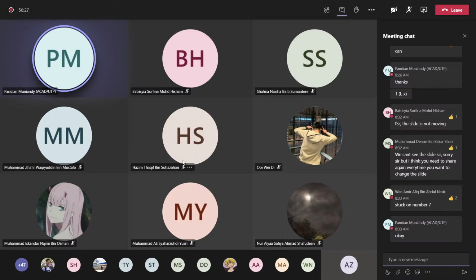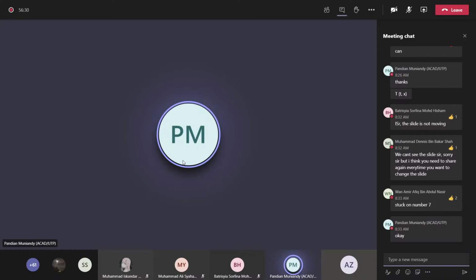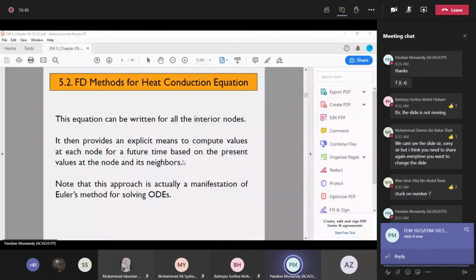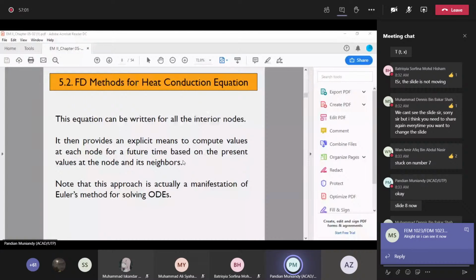Okay, slide 8 now. Yeah, we can't see the slide, sir. The slide is not moving. Stuck.